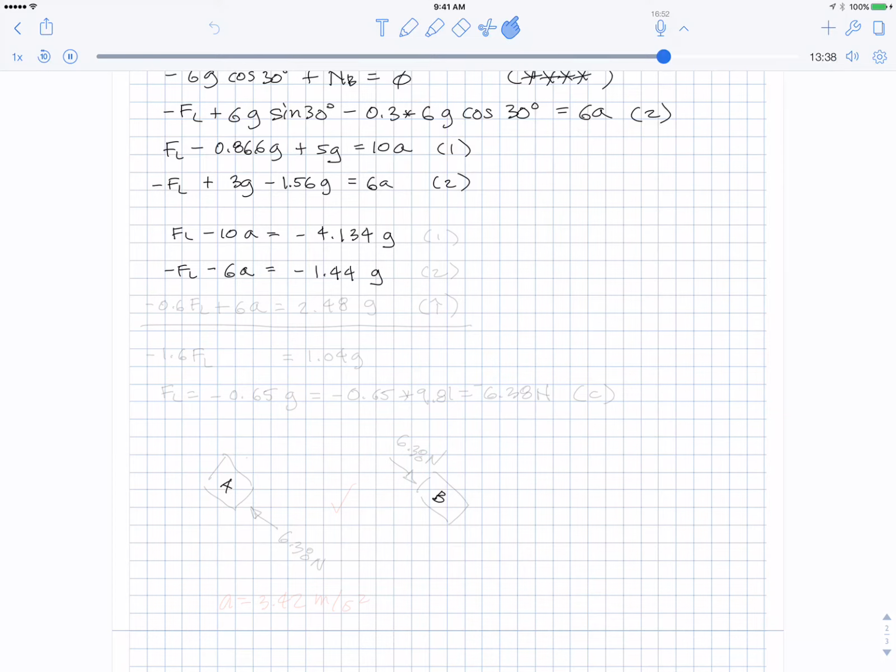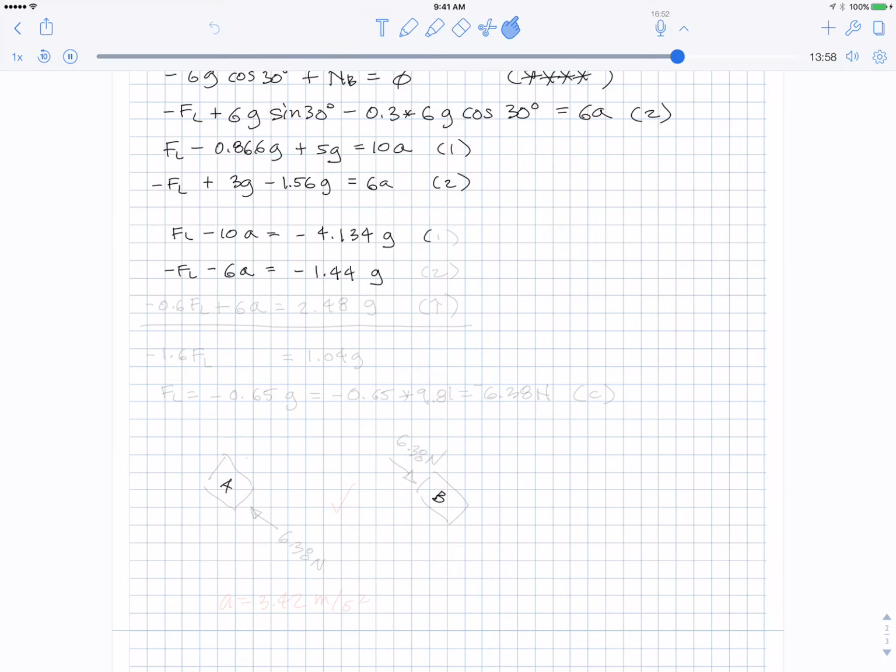I wish it was solved for A, it would have been easier to do. I'm too lazy to put it into a calculator, so I'm going to multiply the top equation by 0.6 and then add them together.